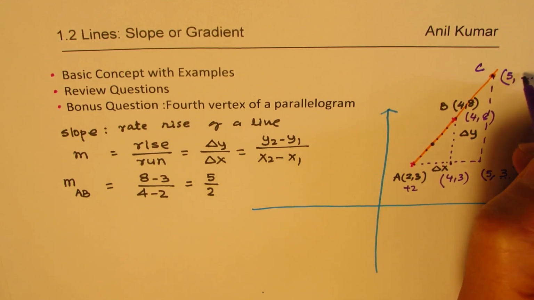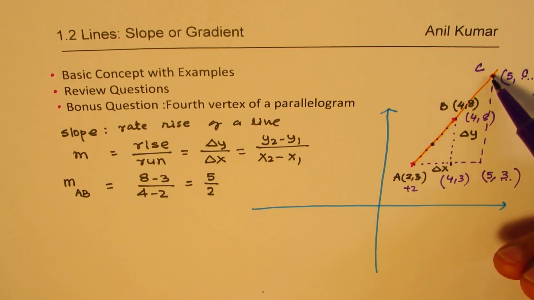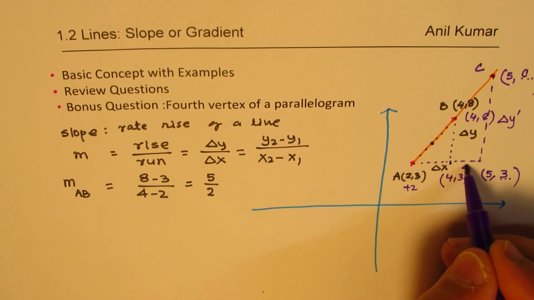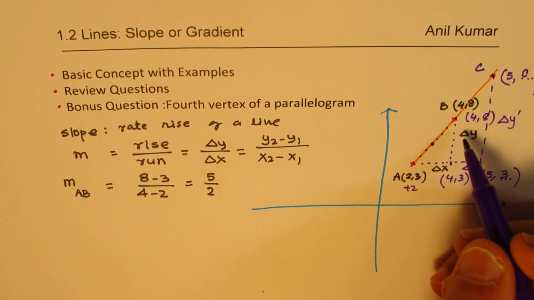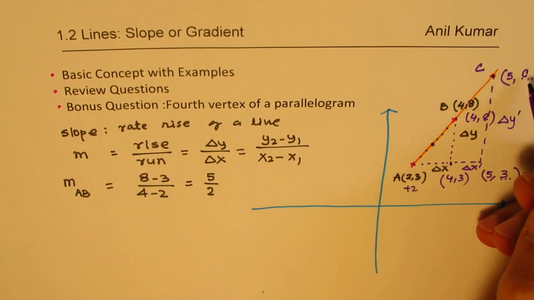So if I write this value as, let us say, lowercase c, in that case, what we notice is that this change in height, delta y dash over delta x dash, should be same as delta y over delta x, right? The change should be same.